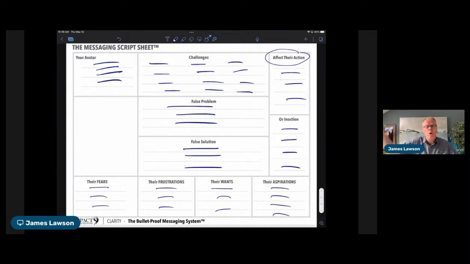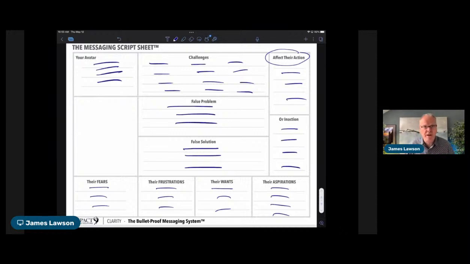It looks at what can happen if they take the right action, what can happen if they take the wrong action, what the false problem looks like, the solution they're applying to that false problem, why it's wrong, and why they should be talking to you. What is the real solution? What should they be doing?